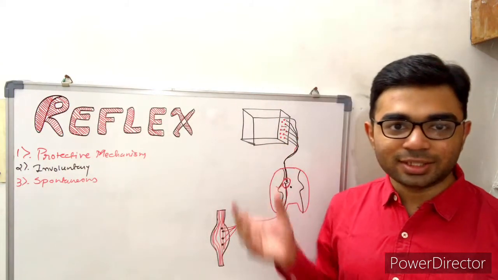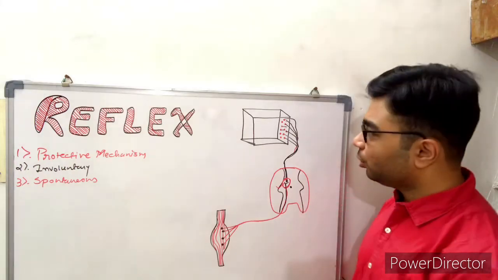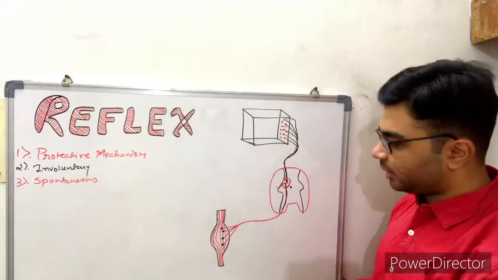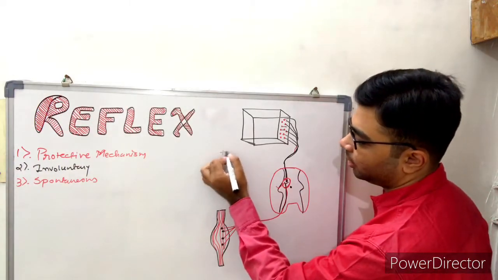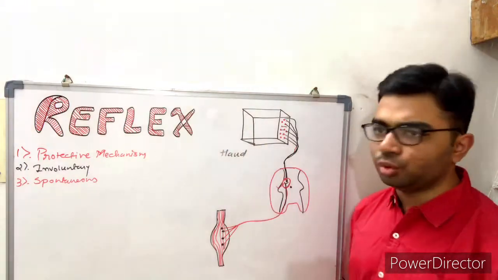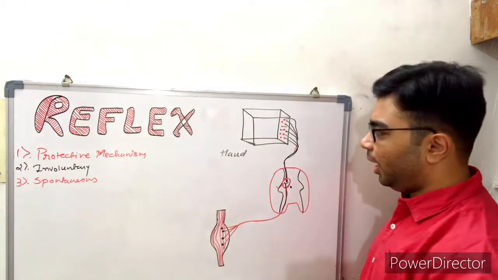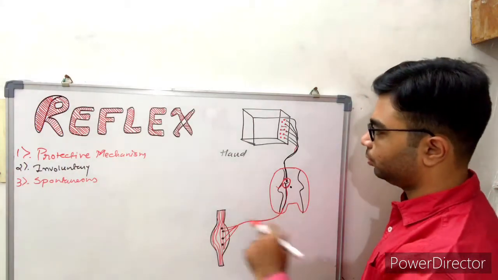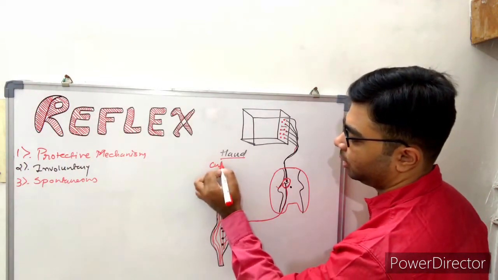As you see in this diagram, I have taken this area as the hand. Let's suppose there is a particular tissue dissected from the hand, particularly where the cutaneous receptors are.